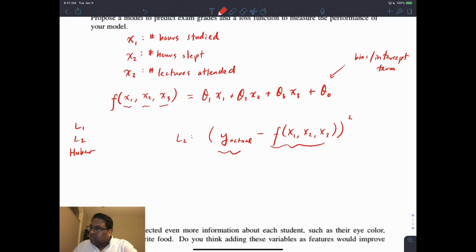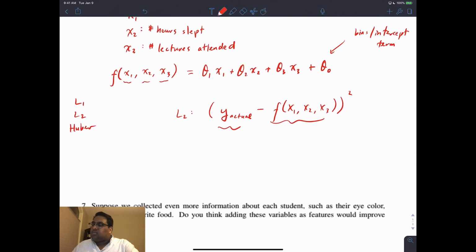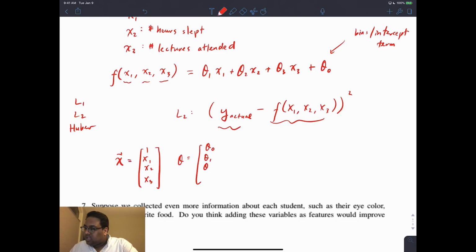Okay, one little nuance. Oftentimes, we will think of everything in terms of a vector. Okay, so we'll say x will be our feature vector, and it might look something like 1, x1, x2, and x3. And theta will also be a vector that will look like theta naught, theta 1, theta 2, and theta 3.